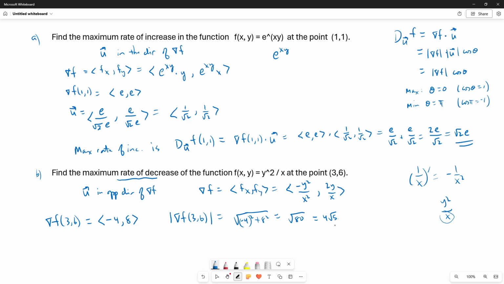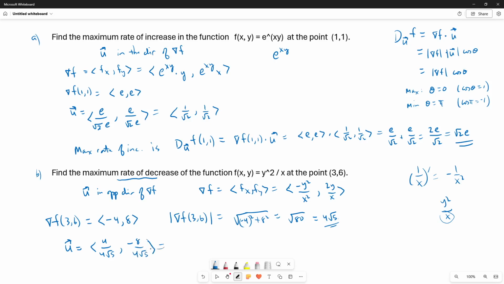So that's the magnitude of our gradient. To make a unit vector, we will divide both components of the gradient by its magnitude, and then we want the opposite direction, so we'll put a minus in each component as well. So we'll get a positive, and we'll get 4 over 4 root 5 and negative 8 over 4 root 5.